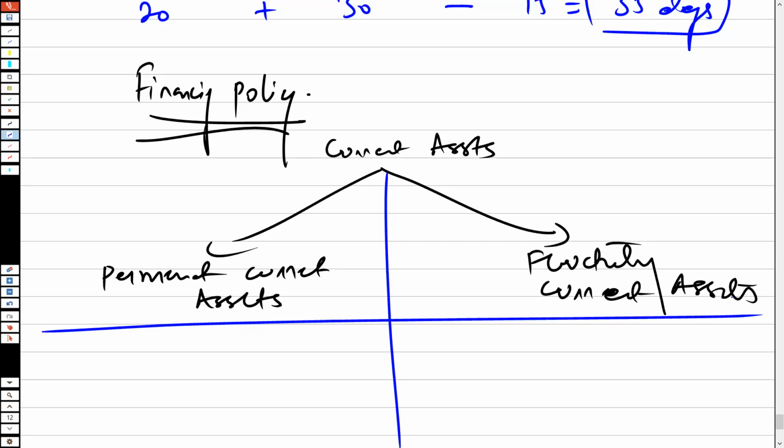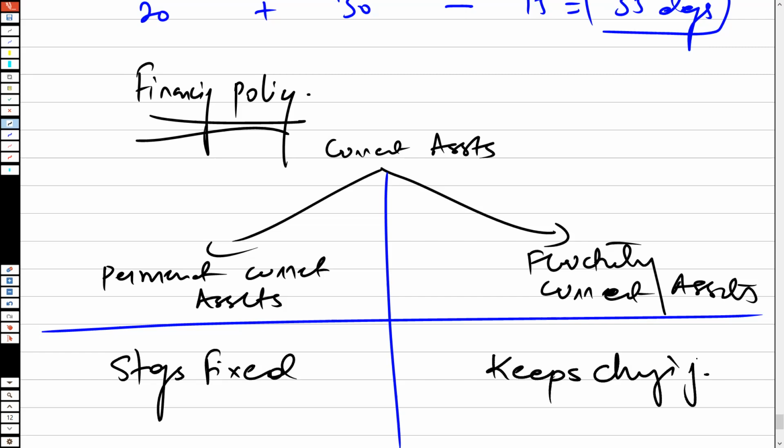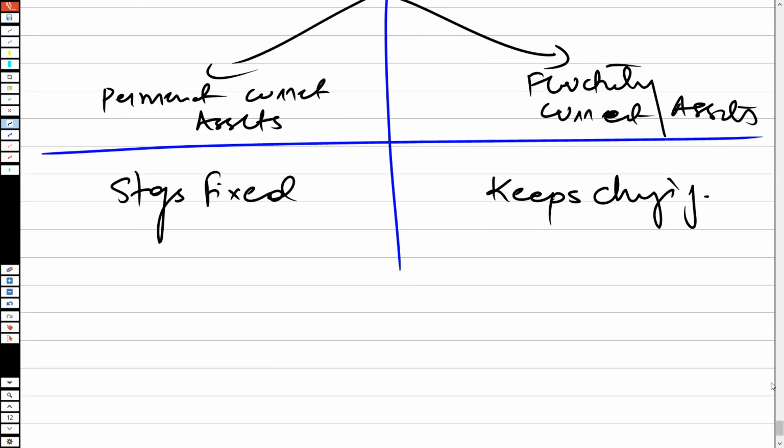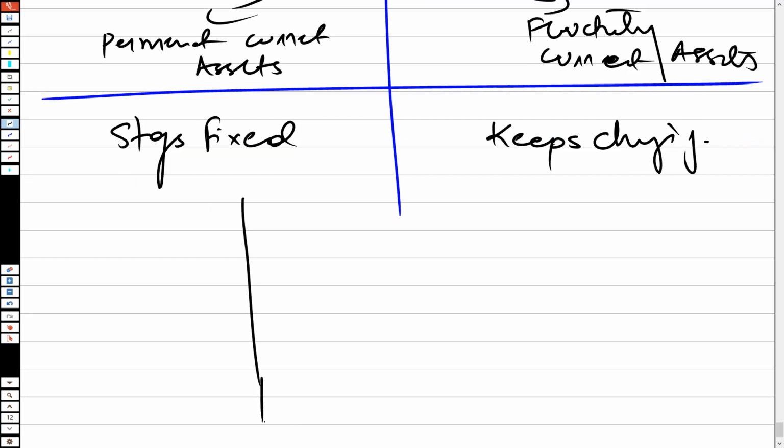Now, what exactly is the difference between the permanent and the fluctuating current asset? The permanent usually stays fixed. The fluctuating keeps changing. Now, let me just give you an idea of what exactly this is all about.